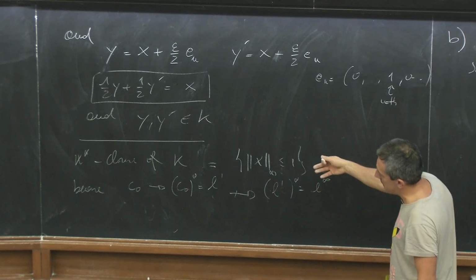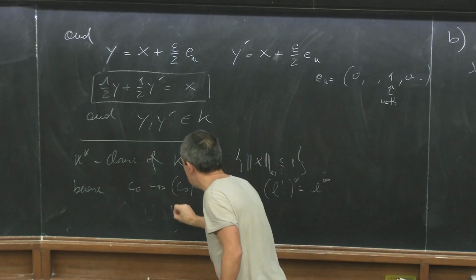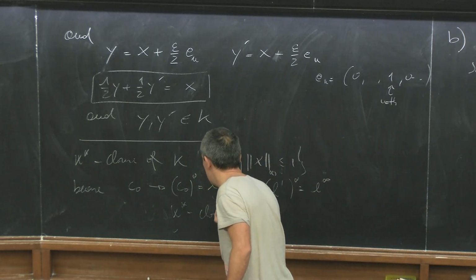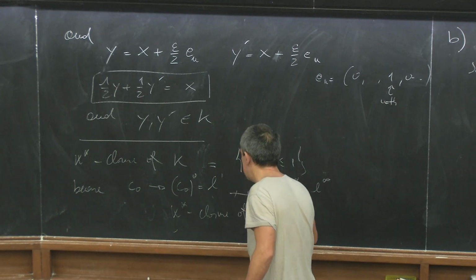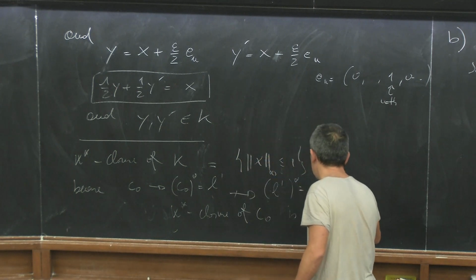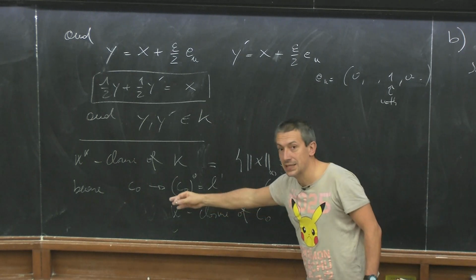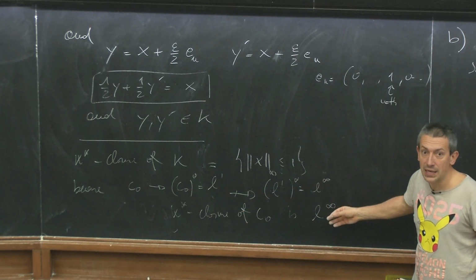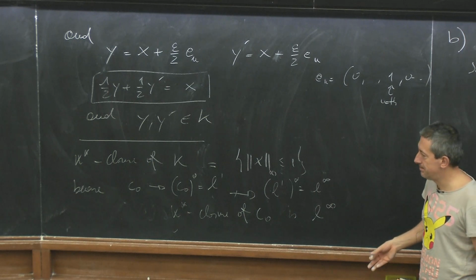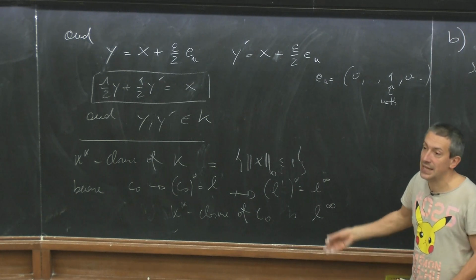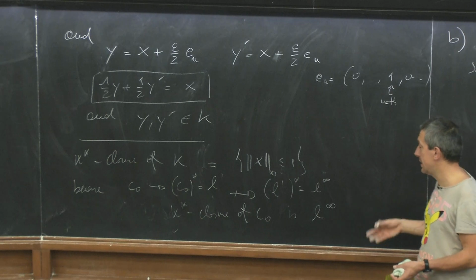In any case, the weak star closure of C0 is L infinity, because the weak star closure of the original Banach space, when embedded in its bidual, is the bidual. There are no other functions than the ones in the dual. This is what it says.